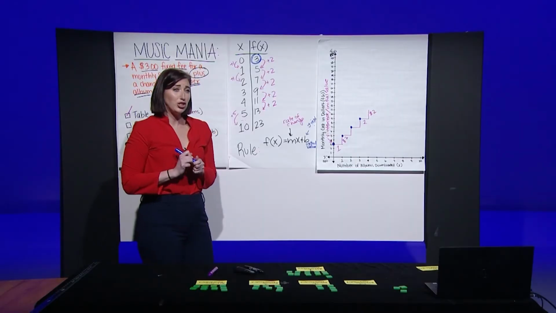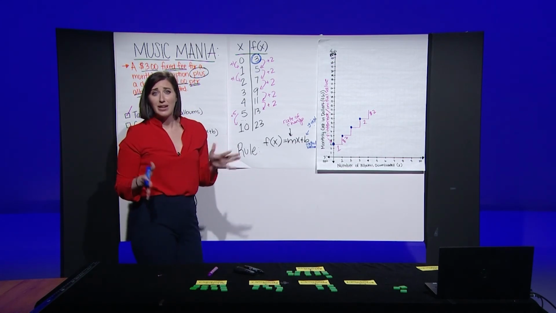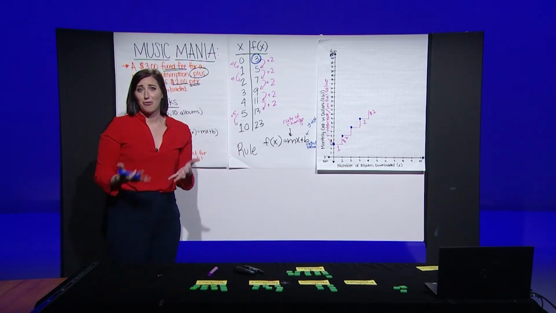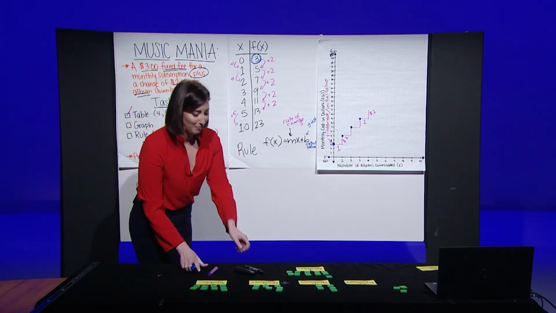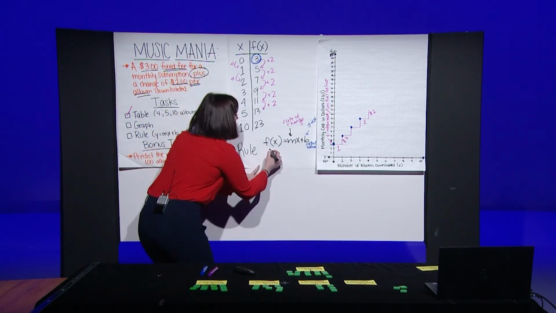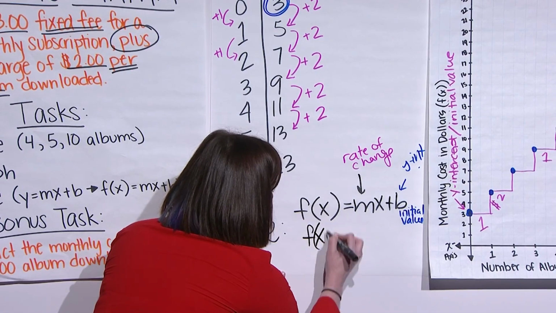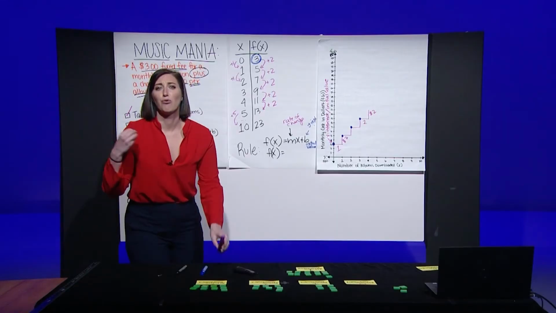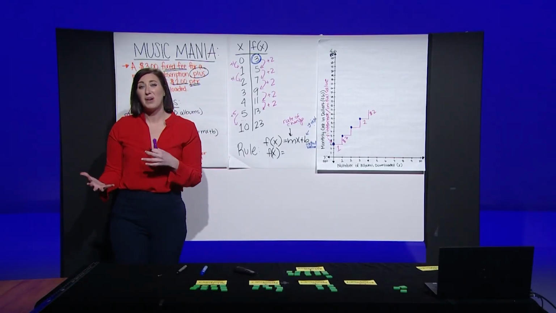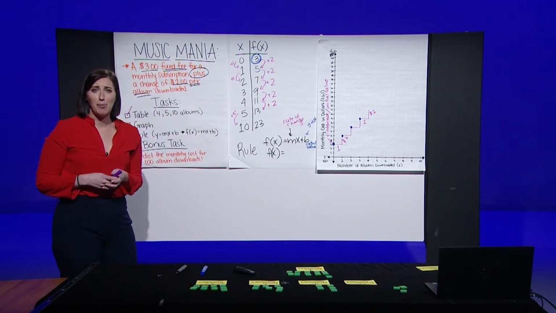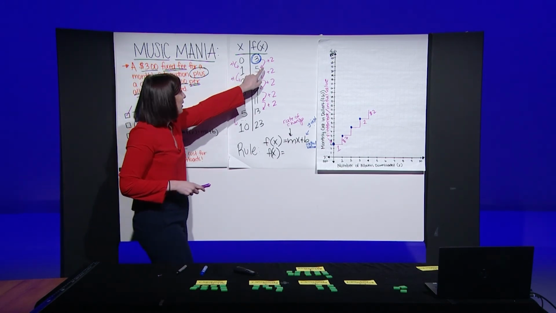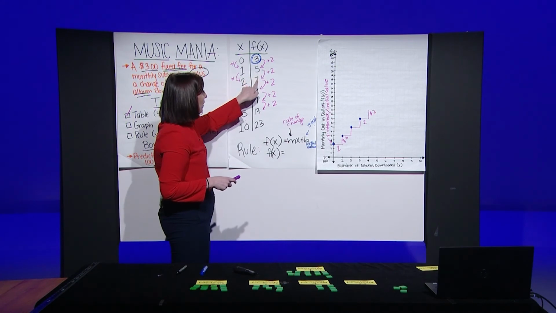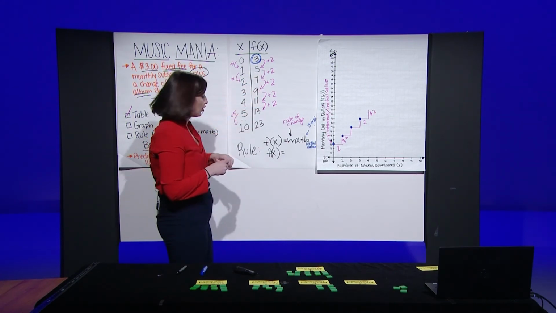Now we should have the information that we need to put the pieces together and write a rule in function notation. So here we go. f of x equals my rate of change. At what rate, how much more money am I paying for every album I purchase? I notice that for every new album I buy, I pay an extra $2.